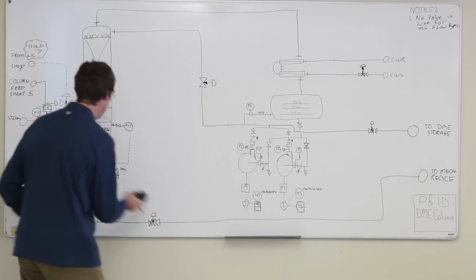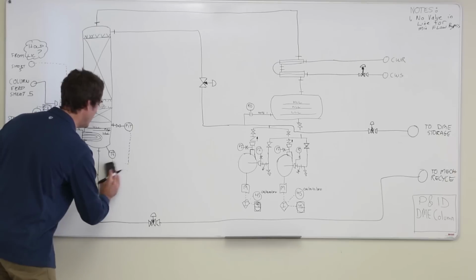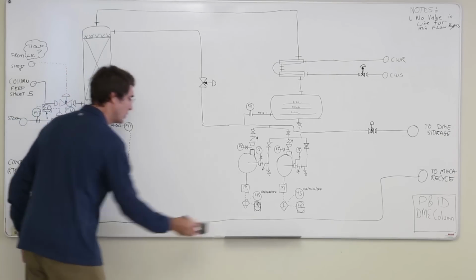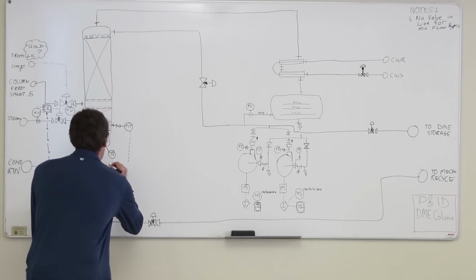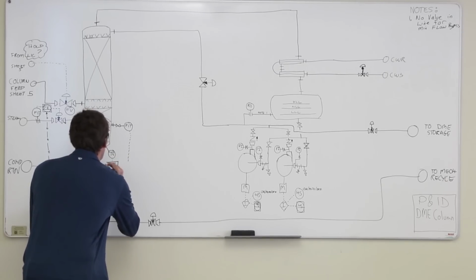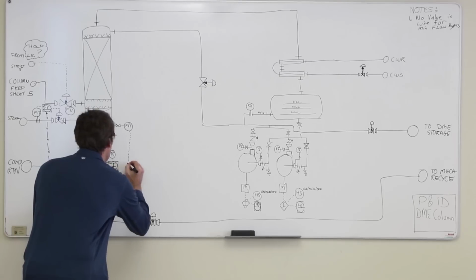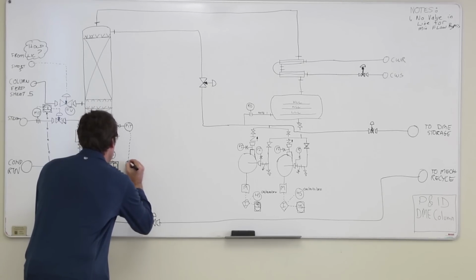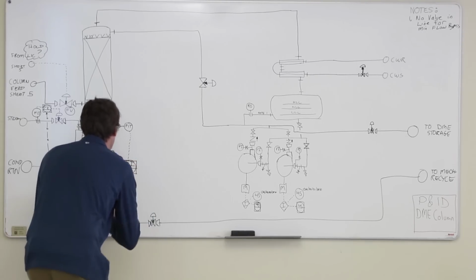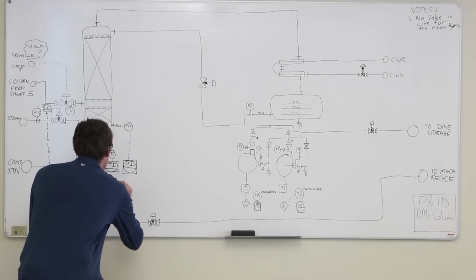Actually, you know what? We're probably interested in both the temperature and the pressure. So let's put a TI, just an indicator in the DCS like this, and a PI as well, like that. So we now have temperature and pressure, and then we're going to put a composition indicating controller in, like that.